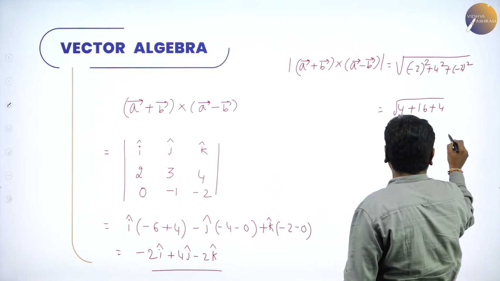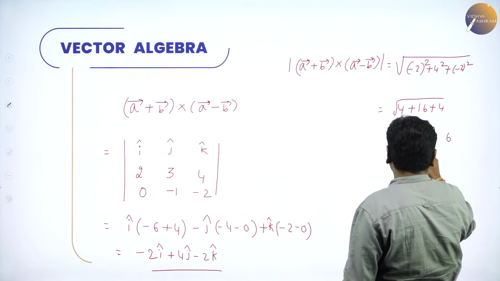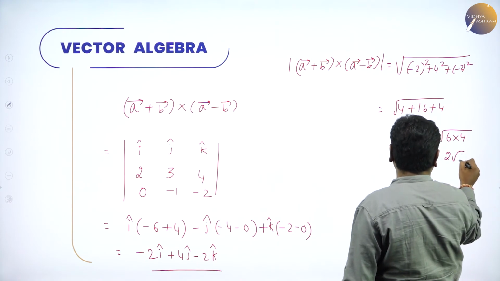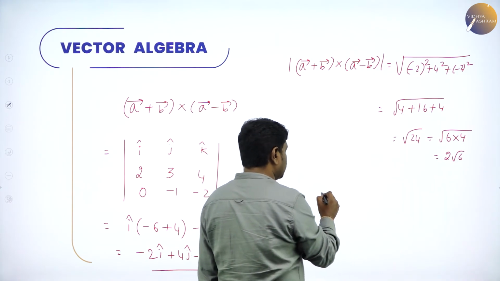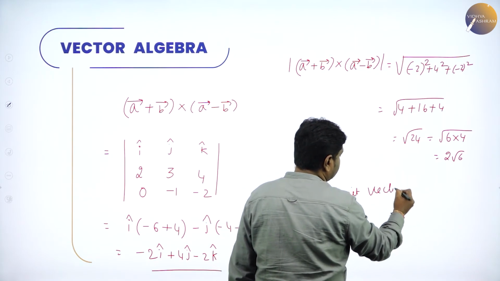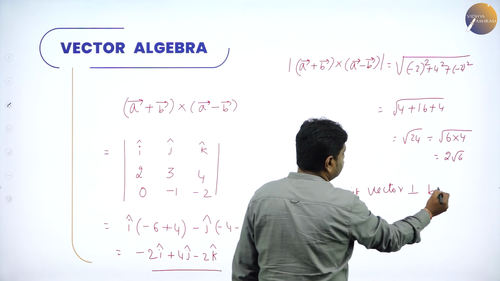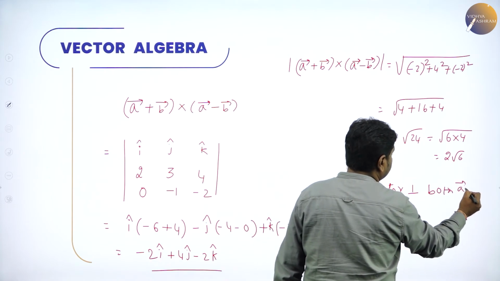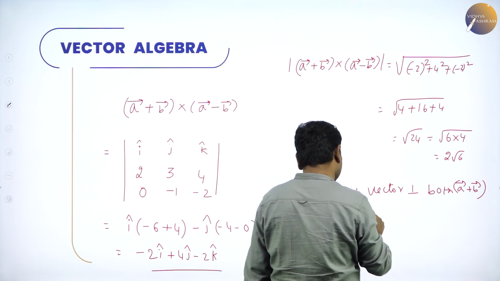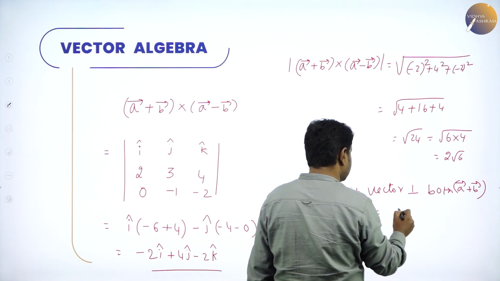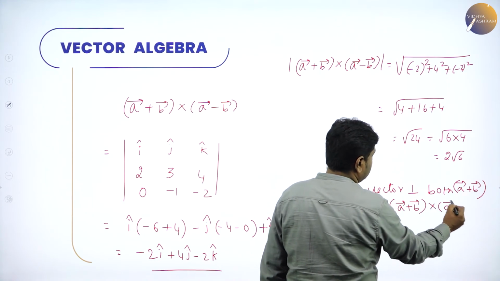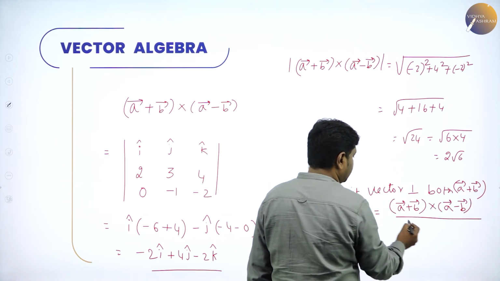Root 24 can be written as root of 6 fours, so that is root 4 is 2, root 6. Now coming to this, you substitute. Therefore, the unit vector perpendicular to both A plus B and A minus B. We wrote the formula is A plus B cross A minus B by magnitude.